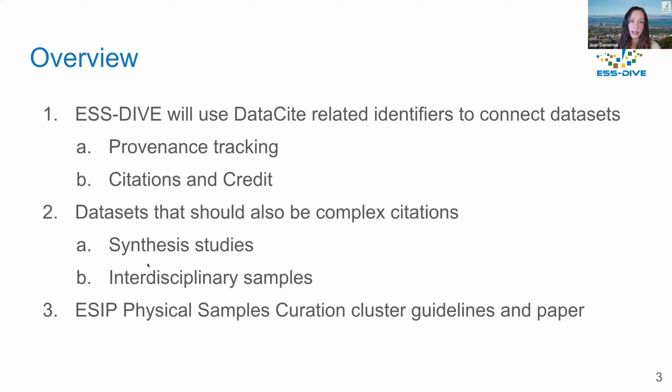So in these cases, this includes synthesis studies and other data sets that include source data published previously, and also interdisciplinary sample-based studies where we need to track sample use over different data systems, because a lot of particularly biological data systems store data at the sample level.